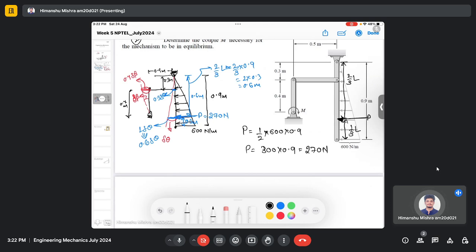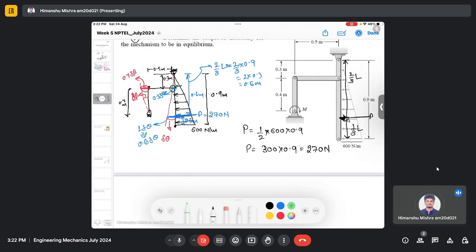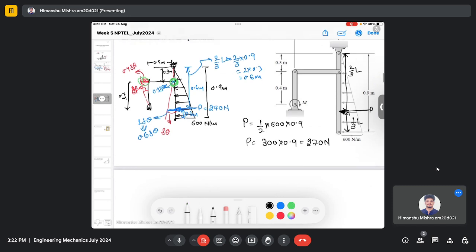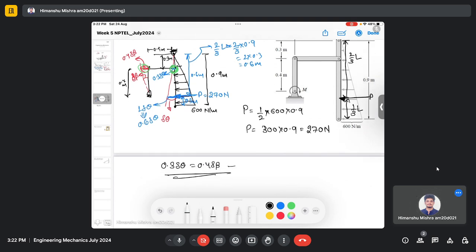And you can also figure out that this virtual displacement 0.3 del theta and this virtual displacement should be equal. So I can write 0.3 del theta equal to 0.4 del beta. Okay, so we will use this condition.